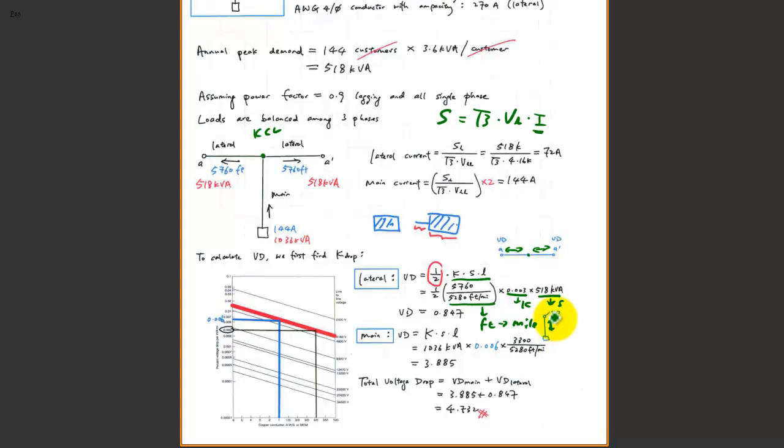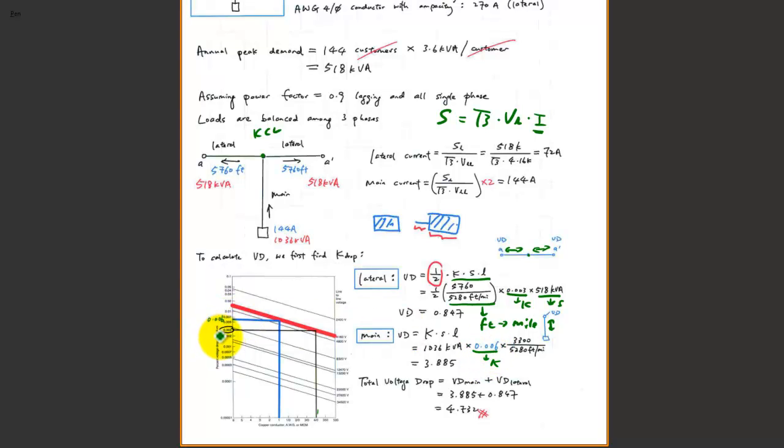This is simply a lambda here, so there's no half. The only difference is that you have to plug in the right K value and the S value and the L value. In this case you have a different K here because of the different conductors, right? And what is shown in this chart is that you have a 4100 volt value corresponding to the blue and the black, and that's how we got the 0.006 value.